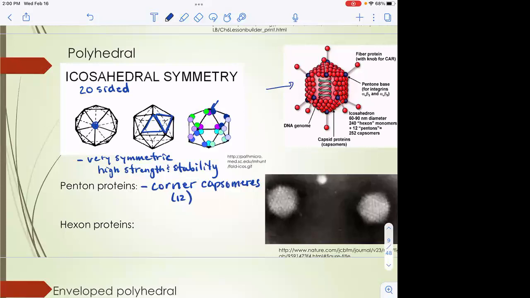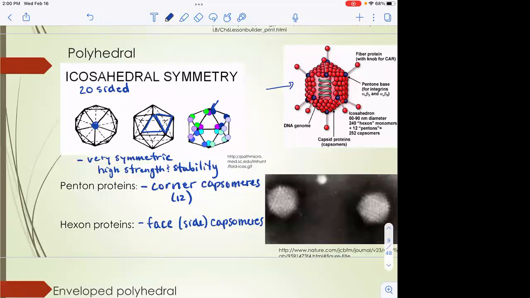Okay. And then the hexon proteins are the ones on the face or the sides. And the number of hexon proteins could be quite variable. It depends on how big the virion is.